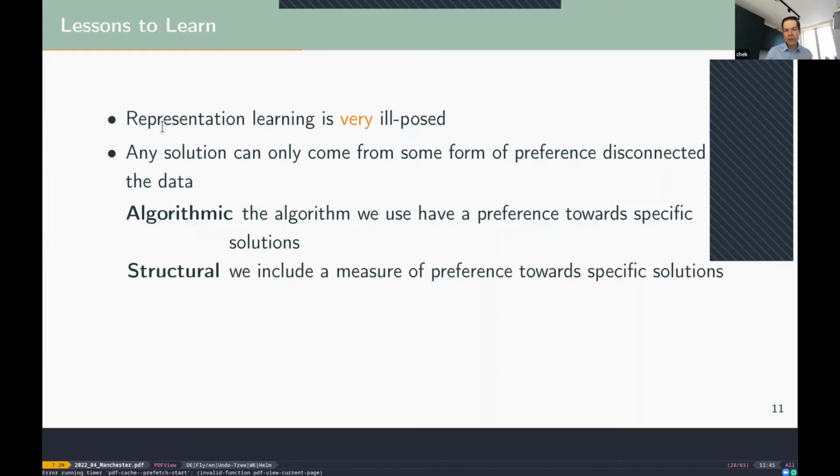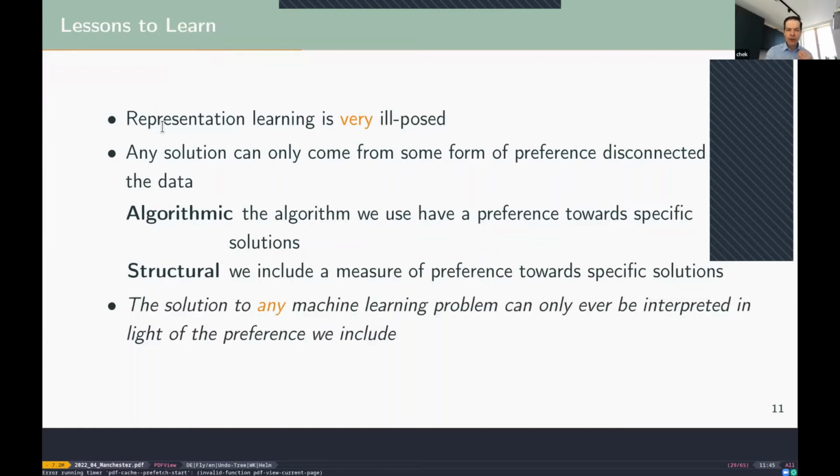Or we can do it in what I refer to as a structural manner, where we directly include measures of preference towards specific solutions.